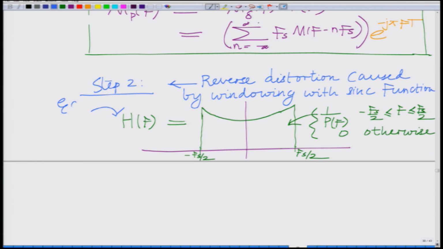And the reason for this is as follows. Let me just write it and explain this. This is also known as an equalizer. The reason for this is that the original sync windowing is multiplying by the sync, alright, which has basically a decreasing amplitude.